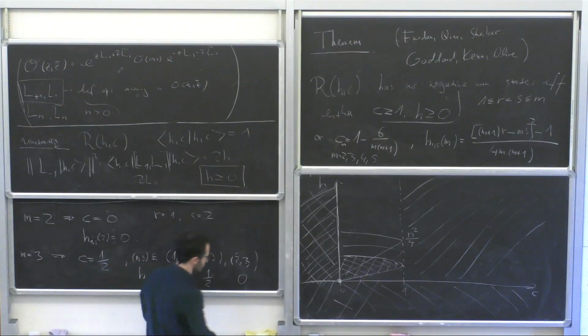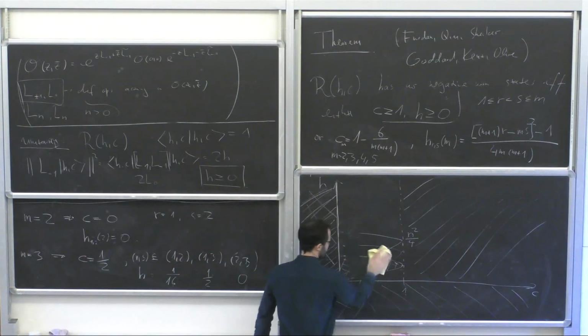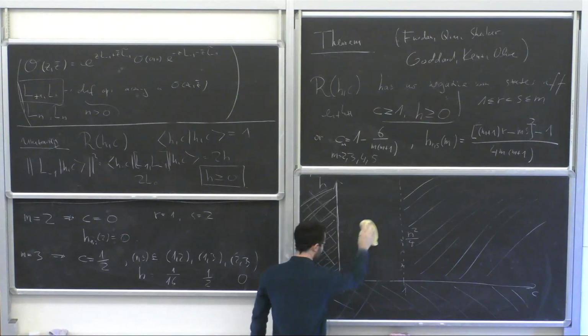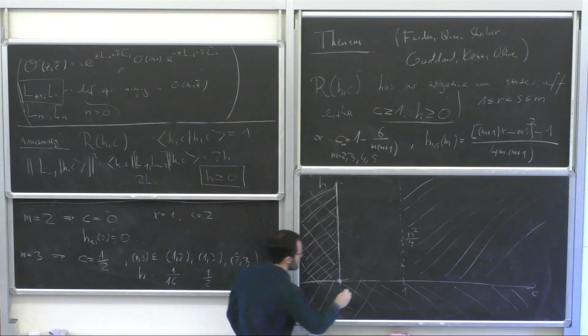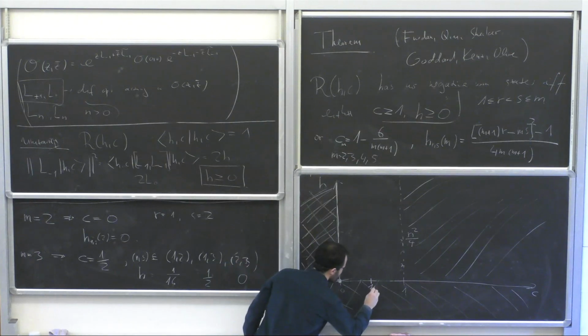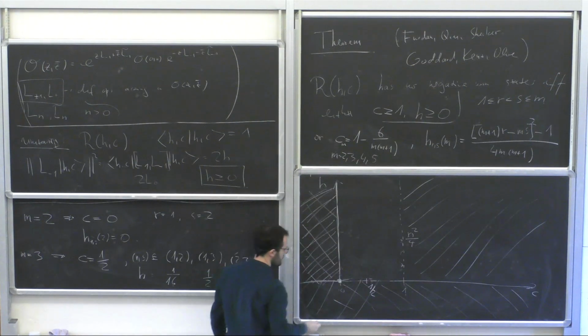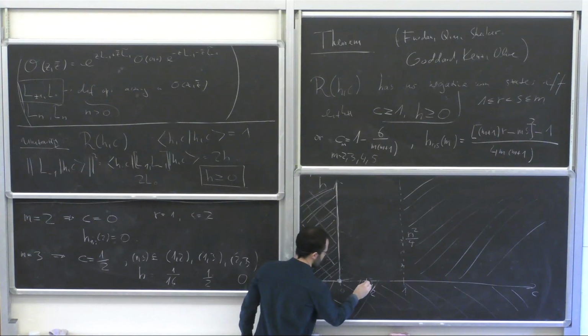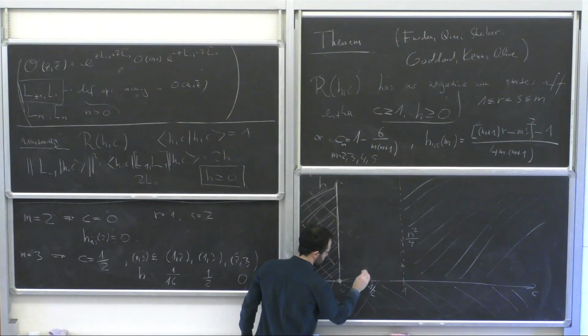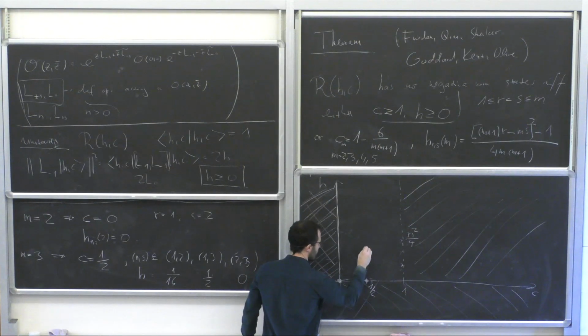Okay, so let me delete this drawing, and let me just draw the allowed unitary representations. So here we have c equals 1/2. So Friedan, Qiu, Shenker, and friends tell us that for c equals 1/2, there are 3 points where you have a unitary representation: 0, 1/16 and 1/2.